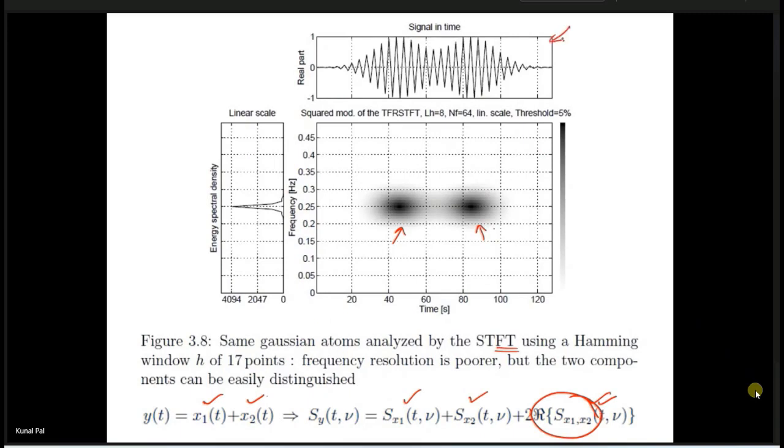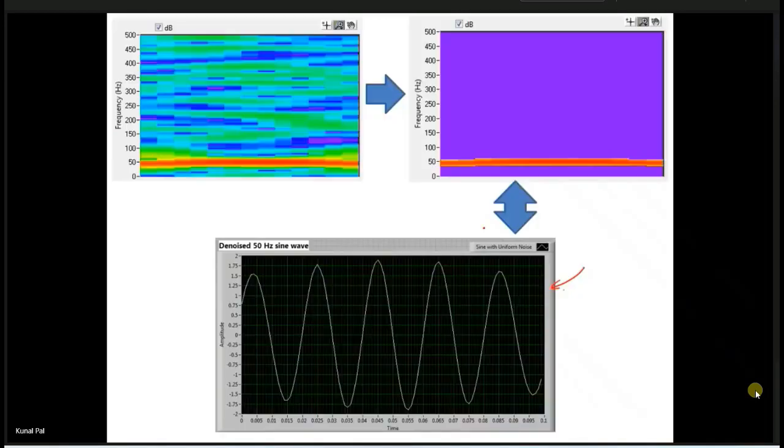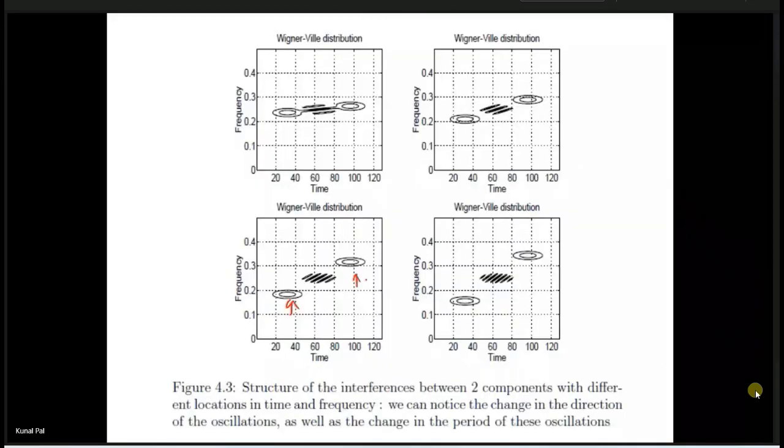If you are having two atoms of the signals 1 and 2, you use similar kind of stuff over here and then you try to find out the Wigner-Wheeler distribution. You get information about the two atoms. Suppose this is the Wigner-Wheeler distribution of X and this is the Wigner-Wheeler distribution of Y, and the middle part is basically the cross term. Okay.